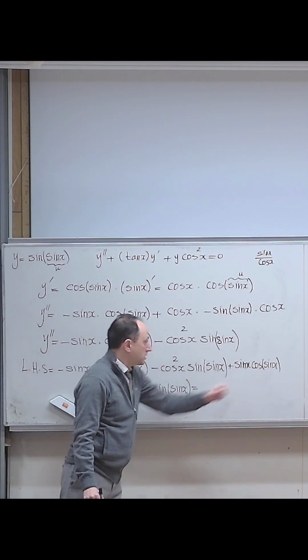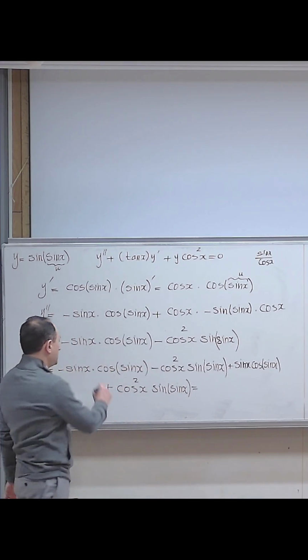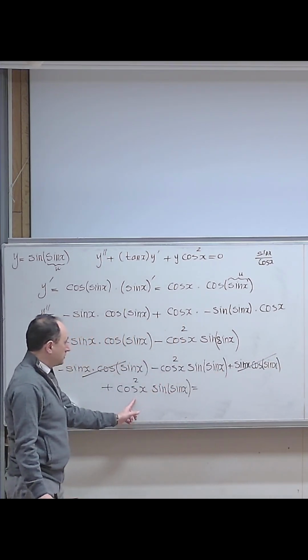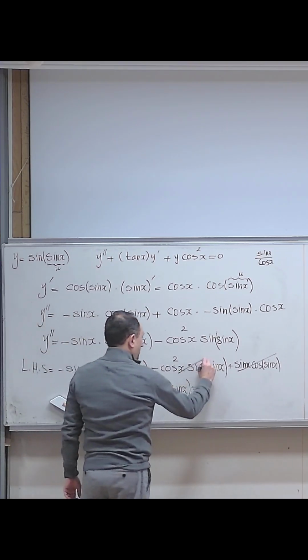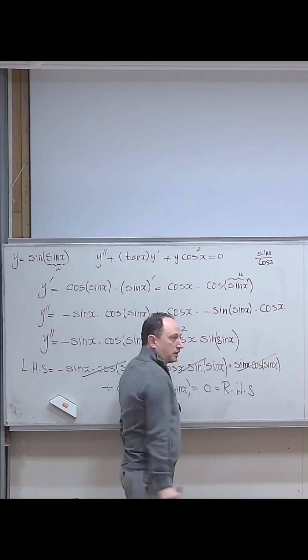Let me double check. Minus sine x cosine sine x. Yes, that's correct. So this one will cancel that one. And this one and that one are identical with opposite signs, so they also cancel out. And the answer is 0, which is equal to the right-hand side.